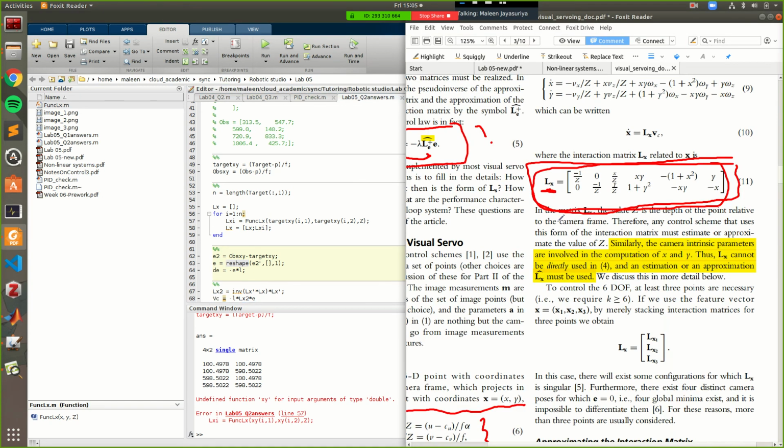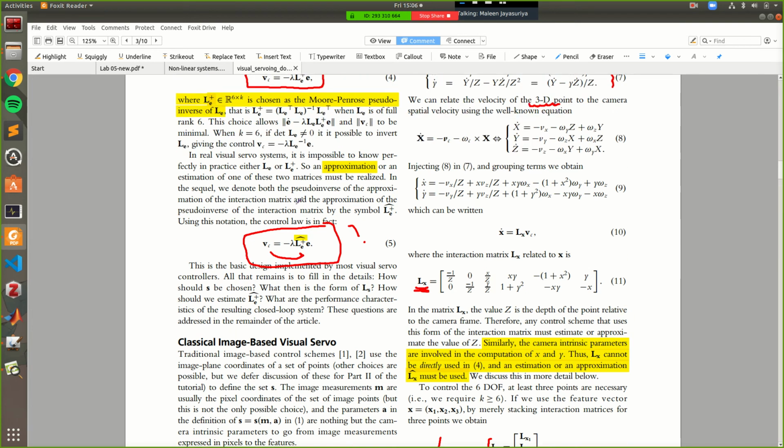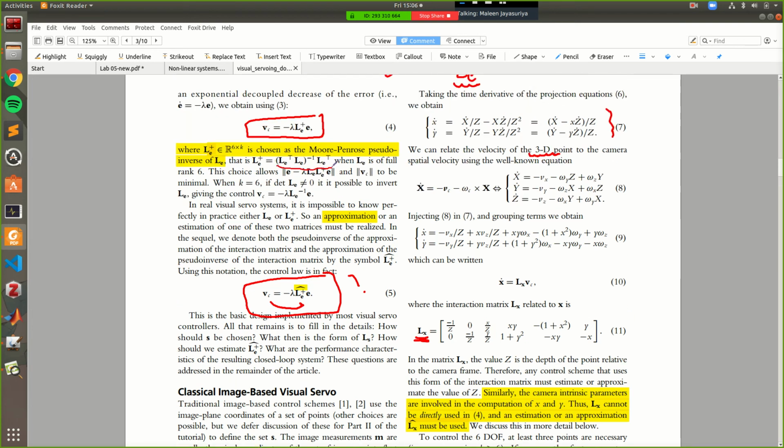And then remember, ultimately what I want is not Lx, I want the pseudo inverse of this Le value, or the combination of Lx, which is what is Le, right? But I don't want Le, I want Le plus hat, which is the pseudo inverse of Le. So I have to do this operation to get the pseudo inverse.